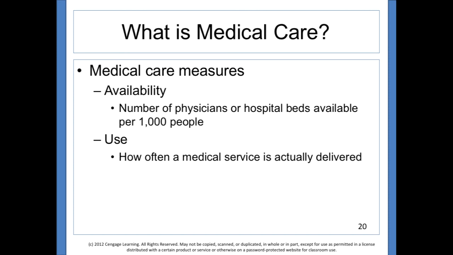You can actually say what the availability of medical care is in Maryland compared to Virginia or Pennsylvania or any other places, or even cross-country comparison. The second one is utilization of medical care.